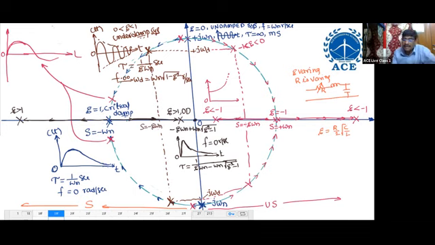It is not a z-plane. It is only the s-plane. It is a circle, that's all. Yes, it is a circle.